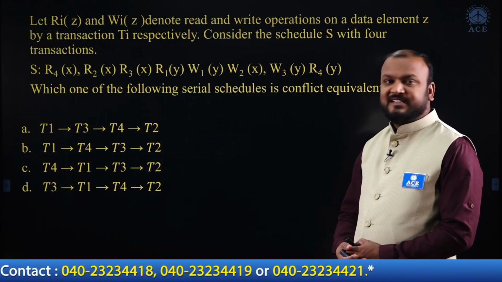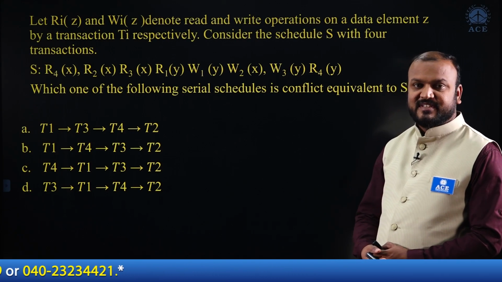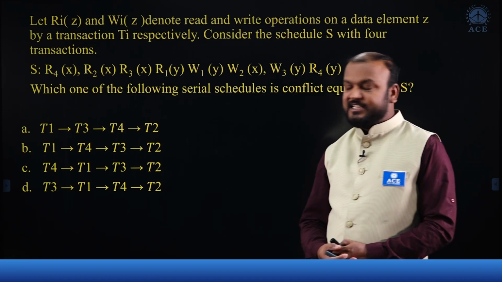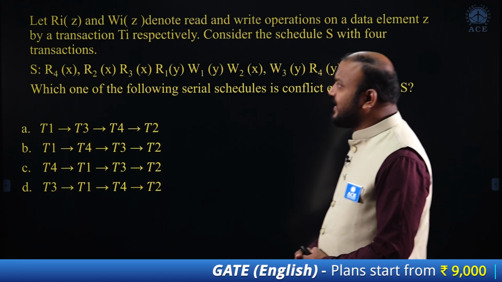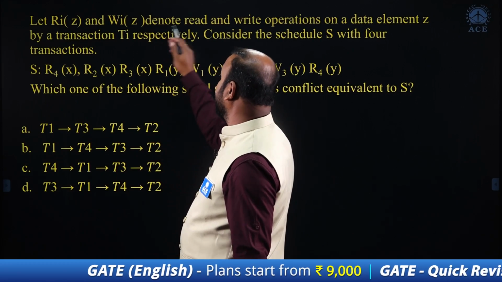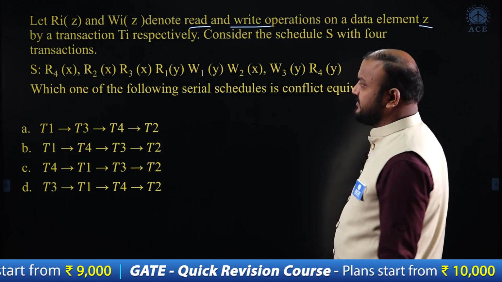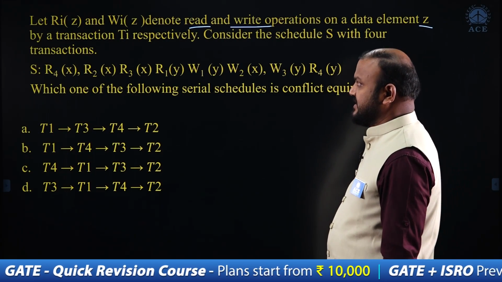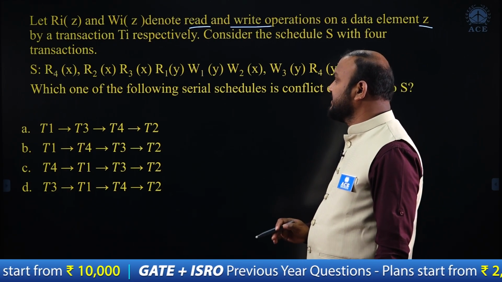Here it is a question based on the conflict serializability concept, which is from the topic of transaction management and concurrency control. Look at the question. Let Ri(z) and Wi(z) denote the read and write operations on a data element z by a transaction Ti respectively. Ri(z) is called read and Wi(z) is called write.